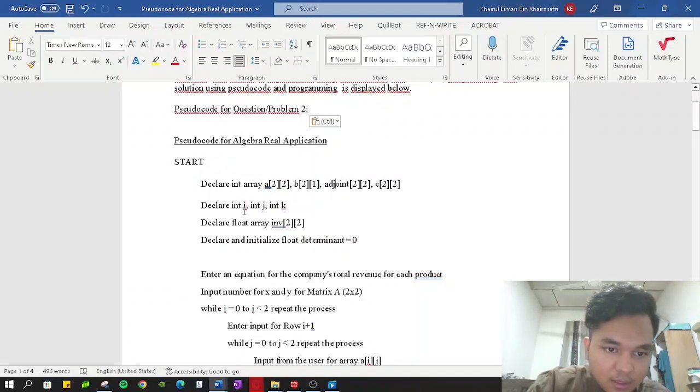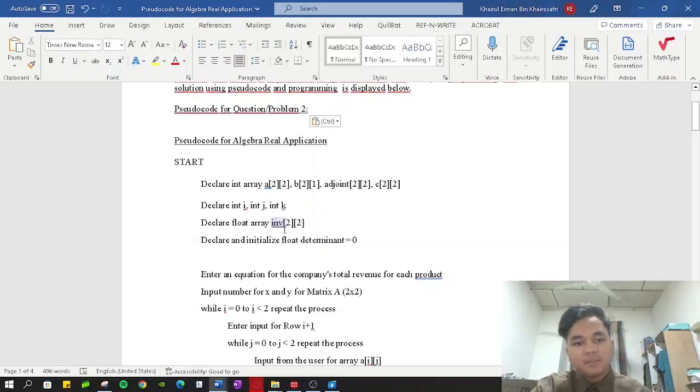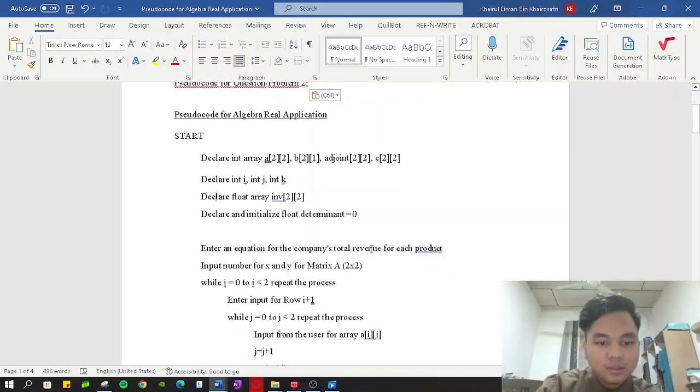This is declare int i, j, k for loop, and this also declares an array. INV means inverse, so this is the array for inverse 2 by 2, and I declare and initialize float determinant equal to 0.